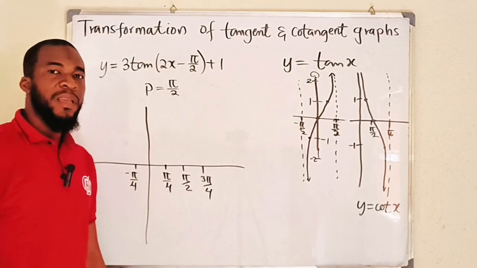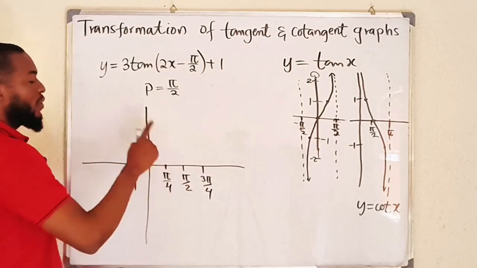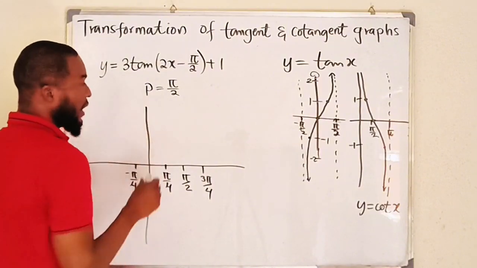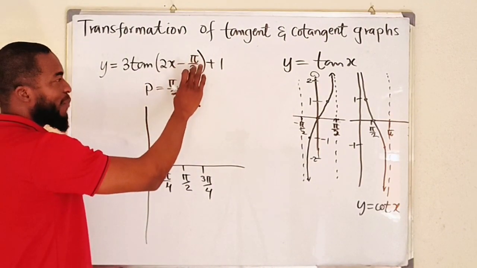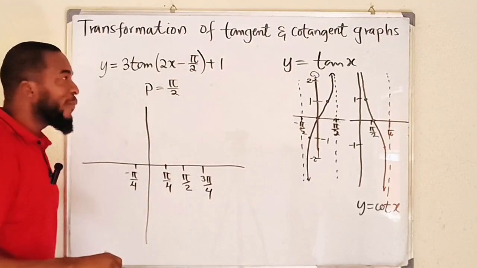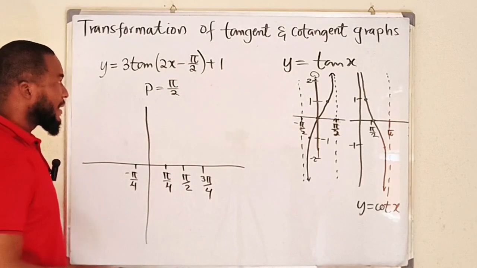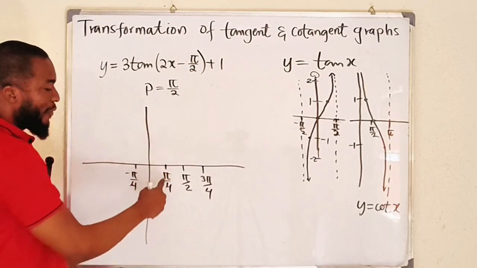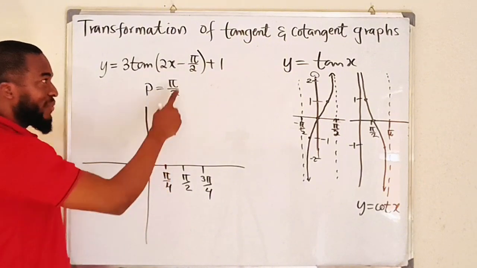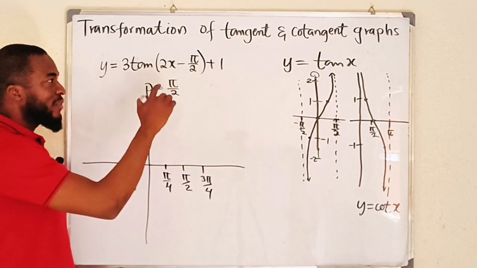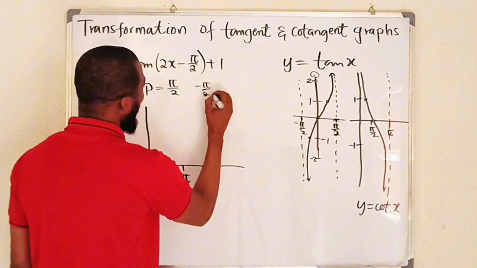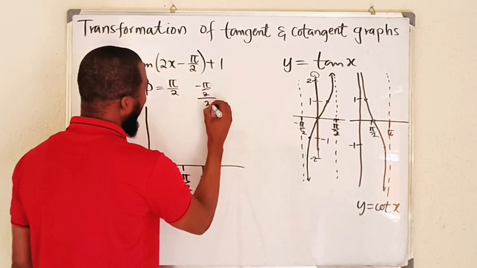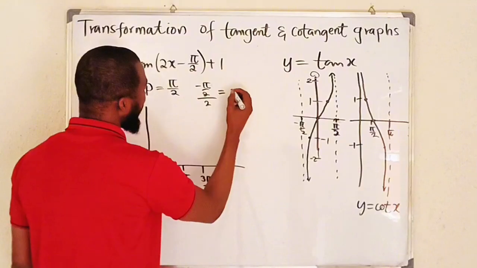There is going to be a shift, right? We need to determine the shift. So assuming we don't have this negative pi over 2, our new vertical asymptote will be at what? It will be at pi over 4. But there's going to be a shift. And how can we determine that shift? We're going to take negative pi over 2 and divide it by the coefficient of x. And this is going to give us what?